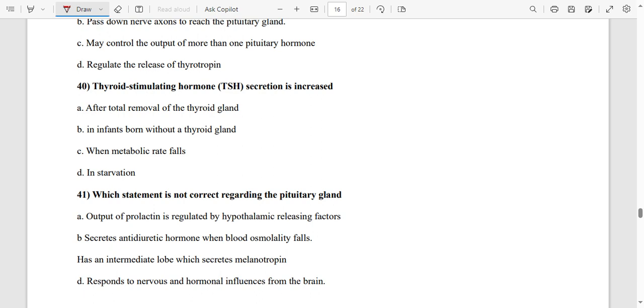so between C and D, which one would you pick between C and D? Remember, the aim of thyroid stimulating hormone is you want to increase metabolic rate. Would go with what?